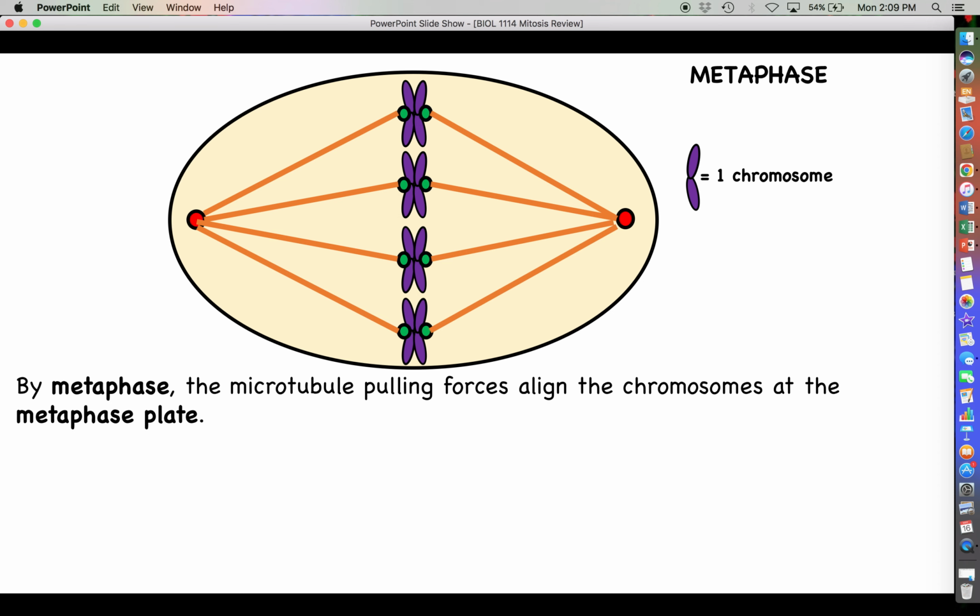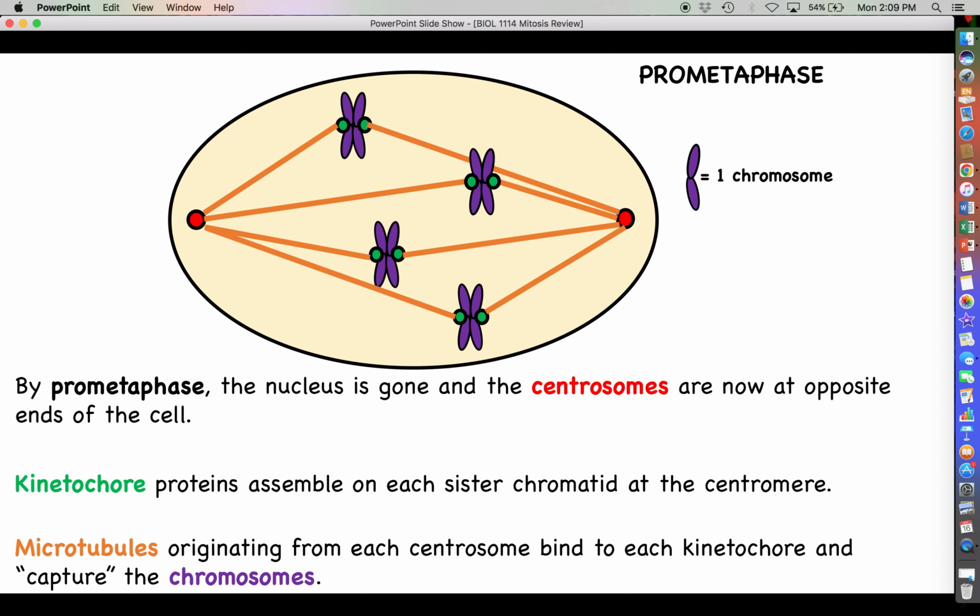So you can see here how, as we flip back and forth between prometaphase and metaphase, each pair of sister chromatids is captured on either side from either centrosome. The microtubules are then, once they capture their sister chromatids, going to pull, kind of like a game of tug-of-war.